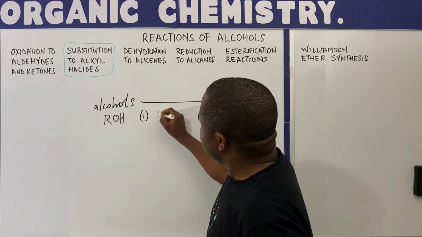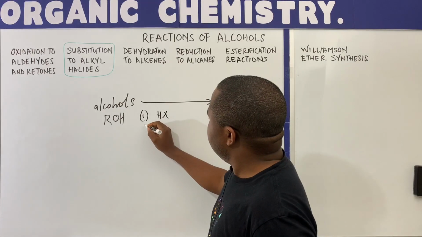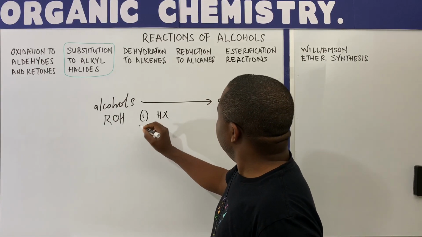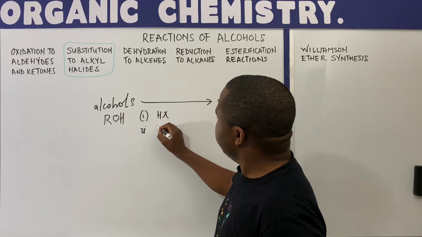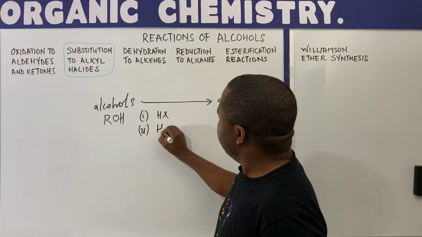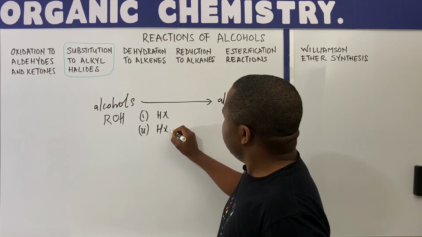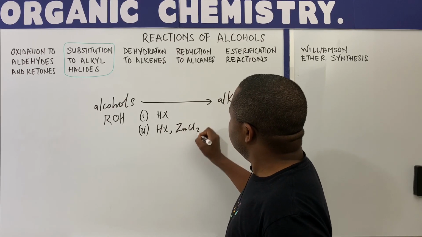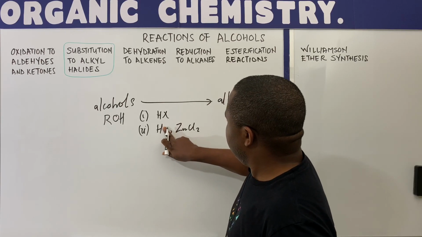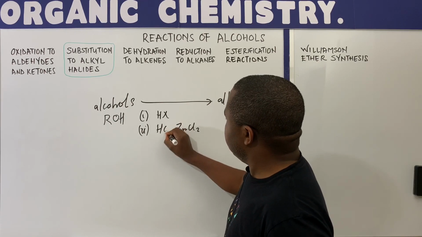So we have used this reagent. So you can use this, or in the case of forming alkyl chloride, we use HX with zinc chloride. You can say HCl in this case.